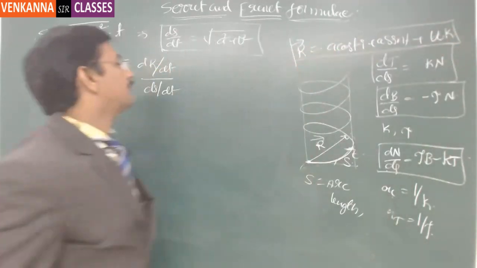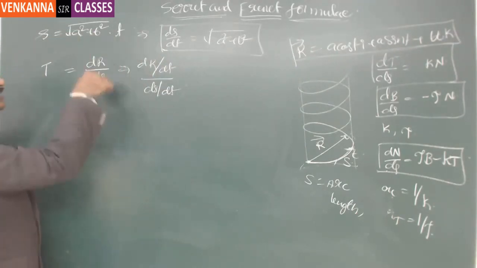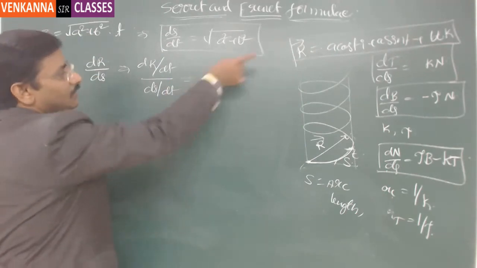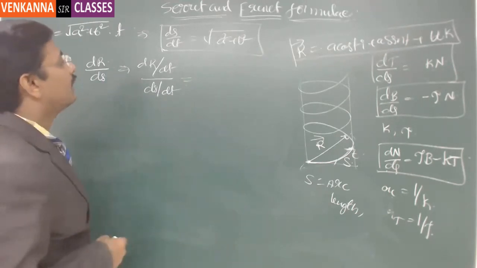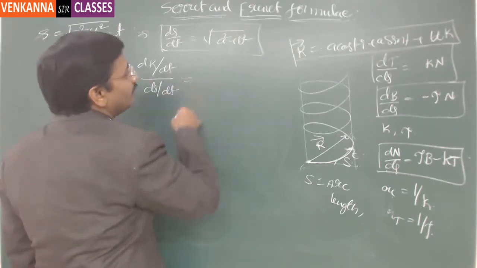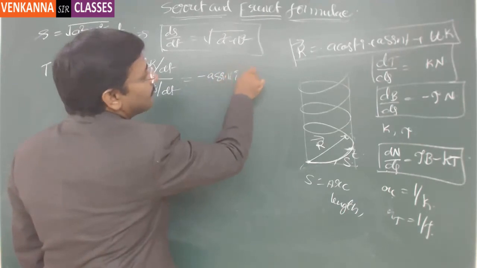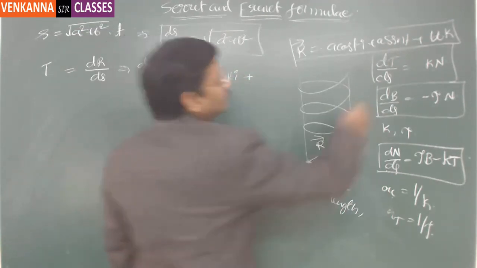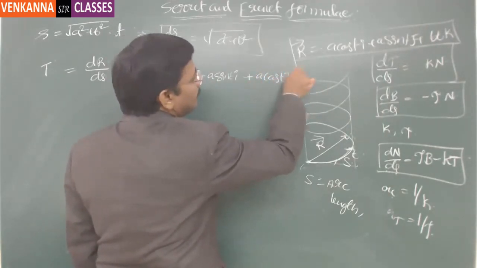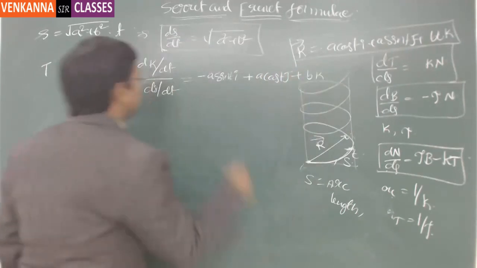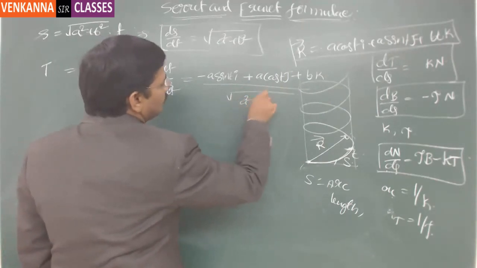Now r is a function of time and s is also a function of time, which we have derived. So for dr by ds we take the derivative of the r vector divided by the derivative of s. Got it? So dr by dt is a cos t i derivative: derivative of cos is minus sin t i, plus derivative of sin is cos t j, plus b k, and then divided by square root of a square plus b square.